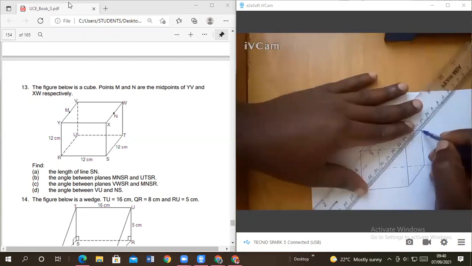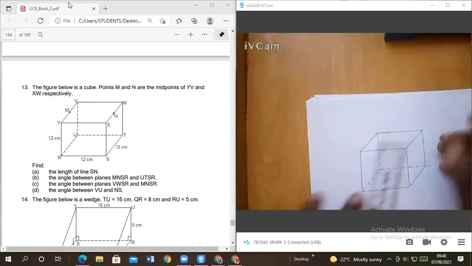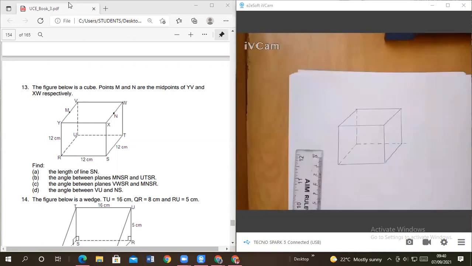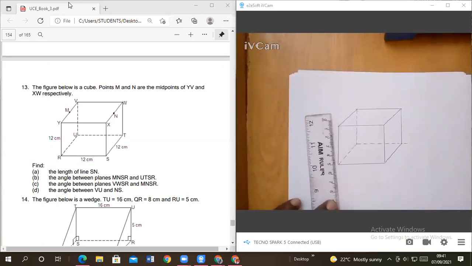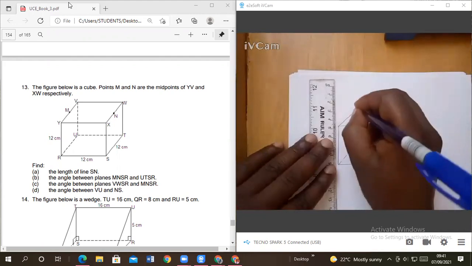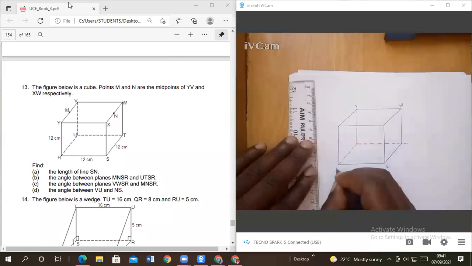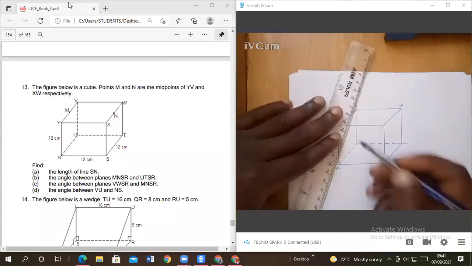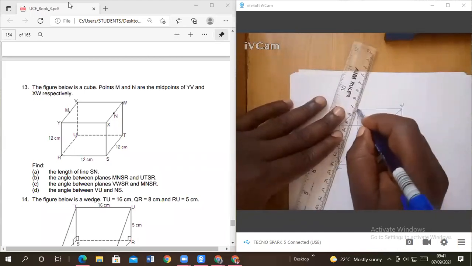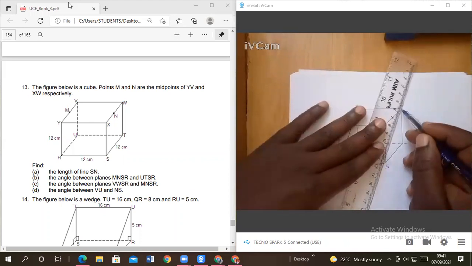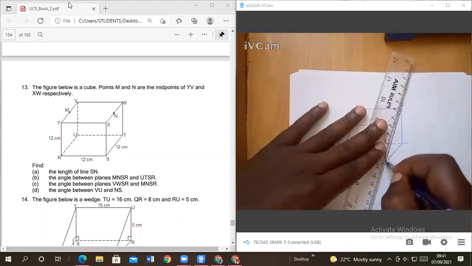Okay, so we have that. Now we are going to first do the plane VWSR. So can everyone do the plane VWSR? That plane is a matter of joining these two points there and there.